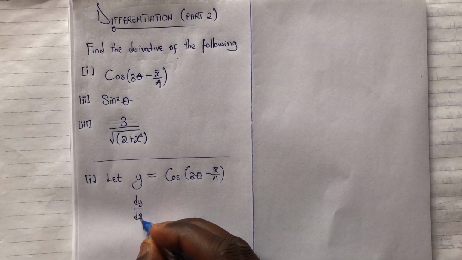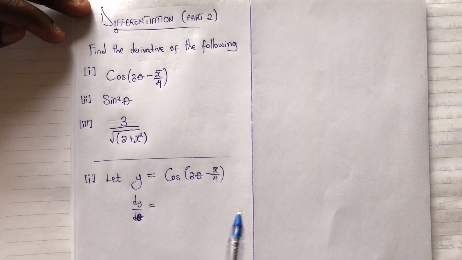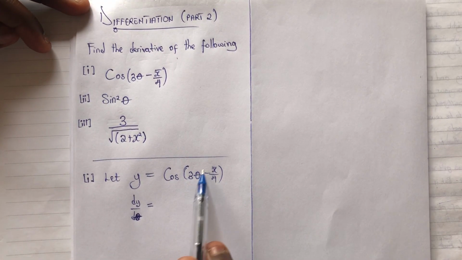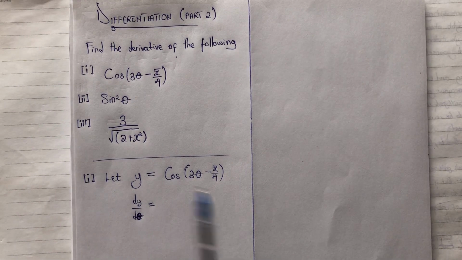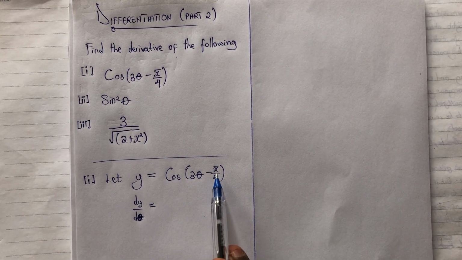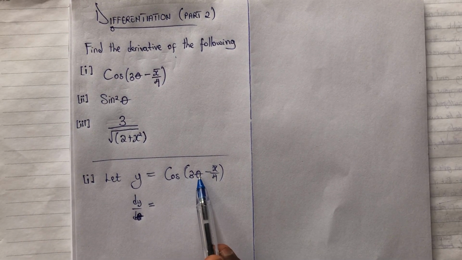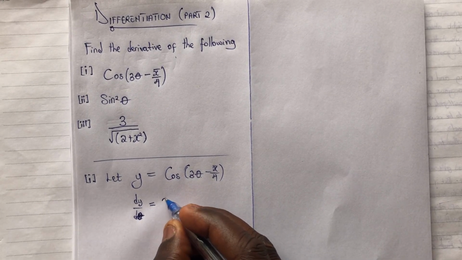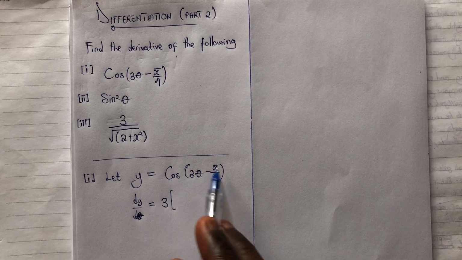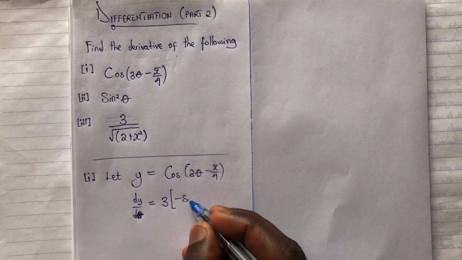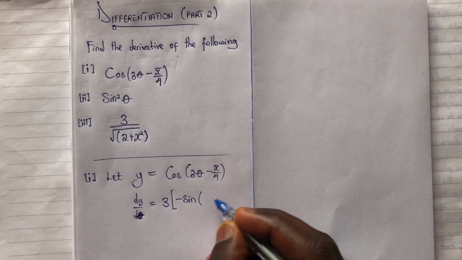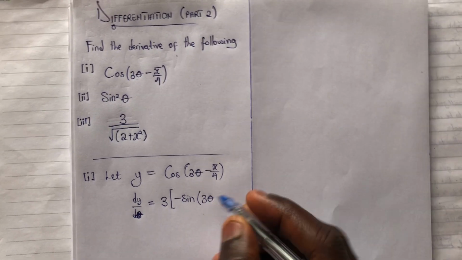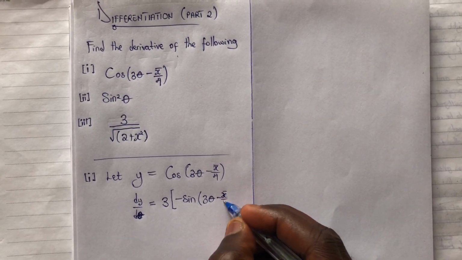Therefore, dy/d theta: we differentiate what is inside the bracket and bring it outside. First I differentiate this one, I get 0. The derivative of 3 theta will give us 3. So I'm getting 3 outside. Then I differentiate cos, giving me minus sine of the same bracket, 3 theta minus pi over 4.